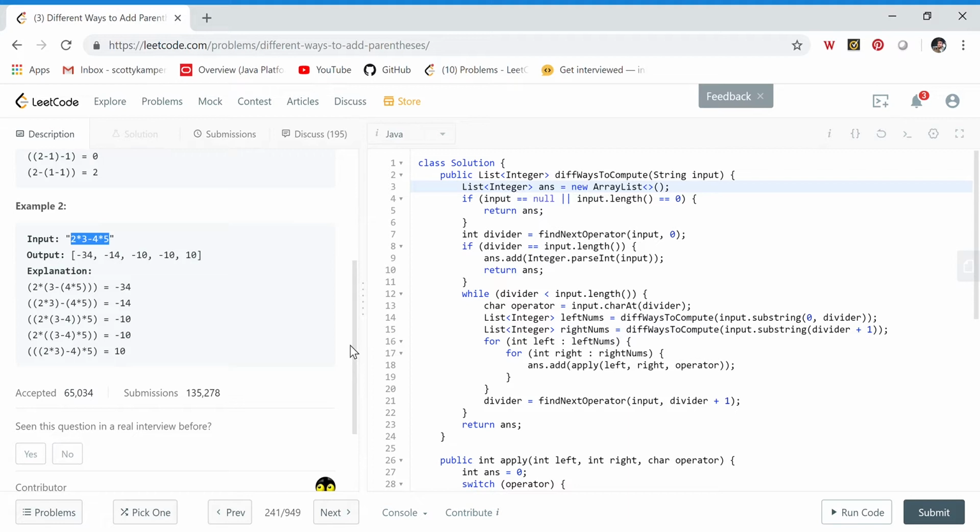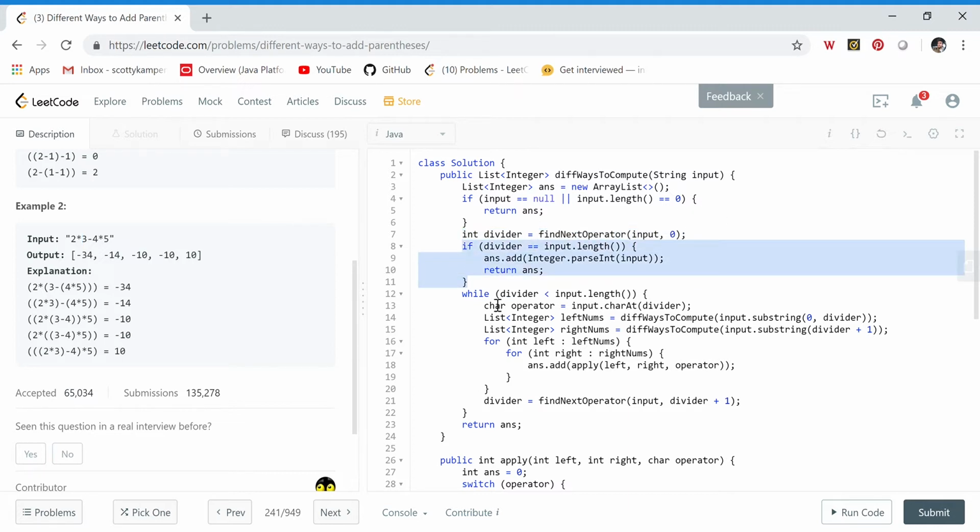So what do we do to start this recursion off? Well, here's the answer that we're going to return. It's just a new array list. If we're getting something that's null or is of length 0, we'll just return an empty list. And here we find the divider. This gets the index of the first operator in the string. So it finds the first operator from the start of the string.